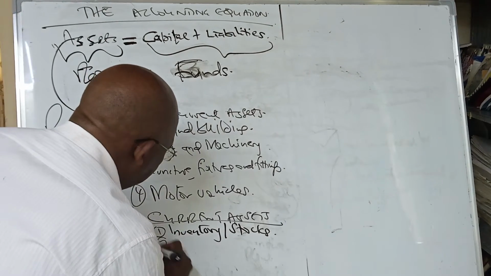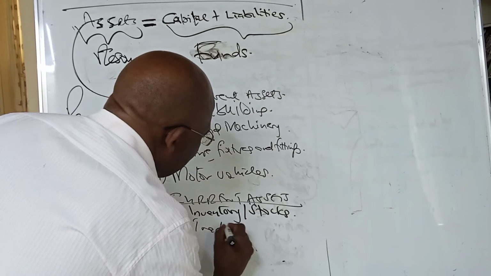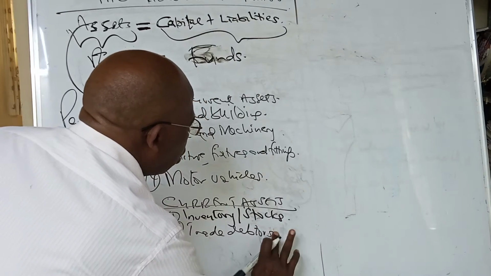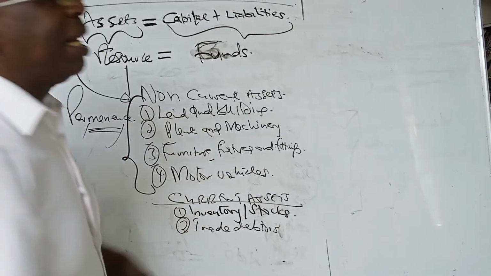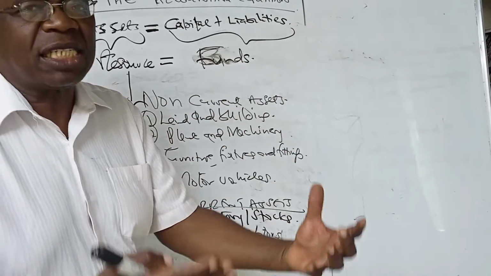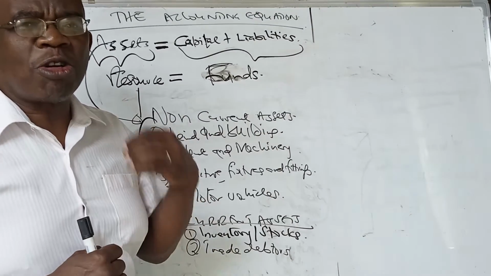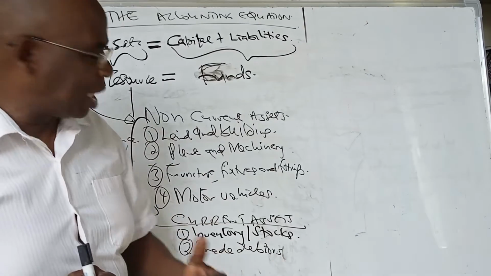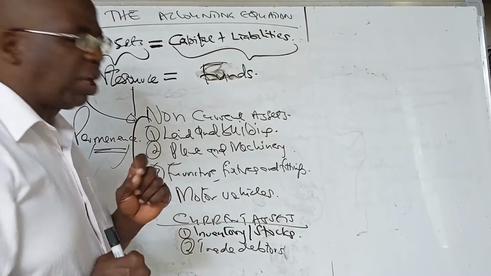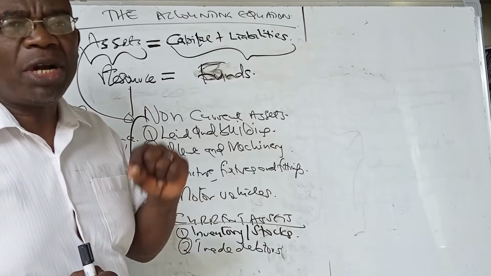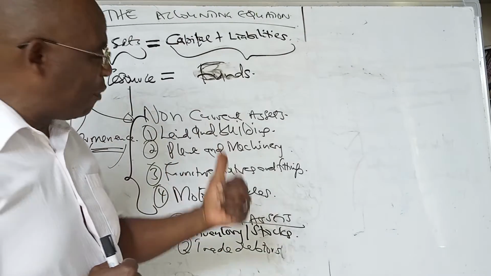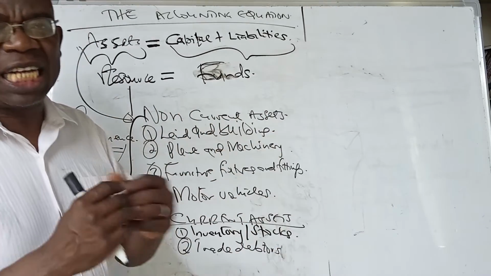Below inventory, we talk about trade debtors. Trade debtors are the people who owe us money, people we sold goods to on credit. They are people to whom we sold inventory, but they did not pay us in cash.